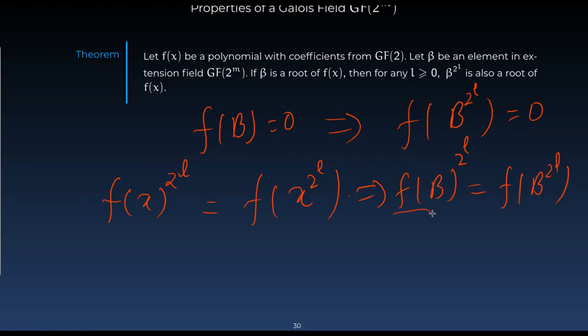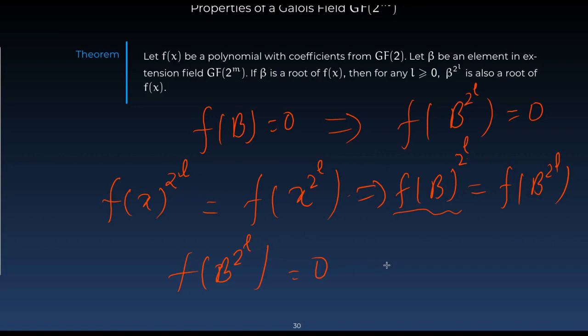This is clearly equal to 0, we have already assumed it. Then f(beta^(2^l)) is also going to be 0, right? So if beta is a root of any polynomial f(x), then beta^(2^l) is also going to be a root of that polynomial.